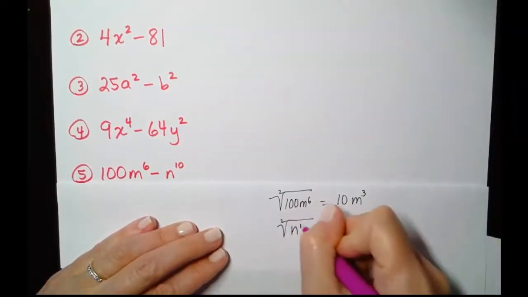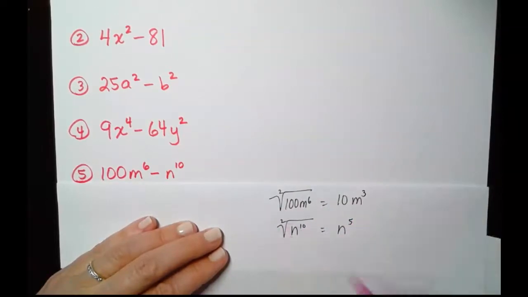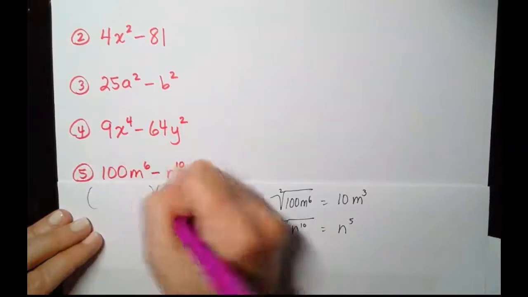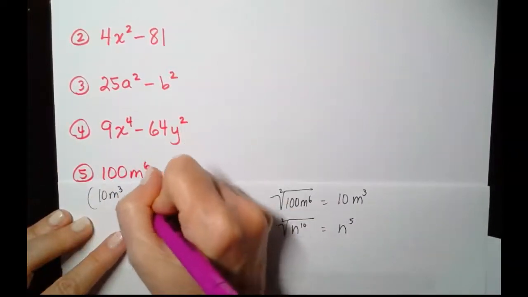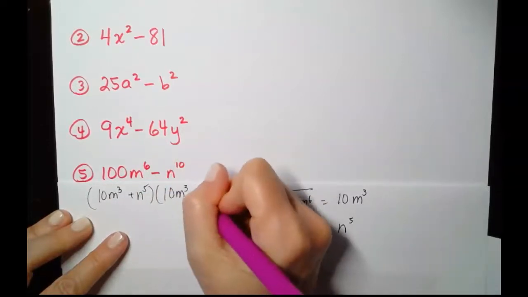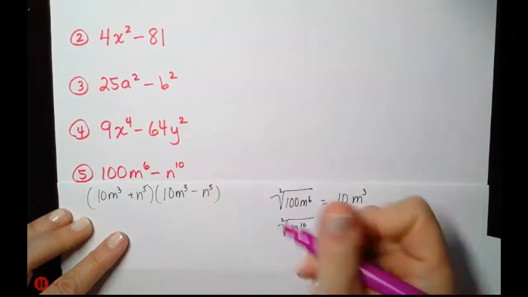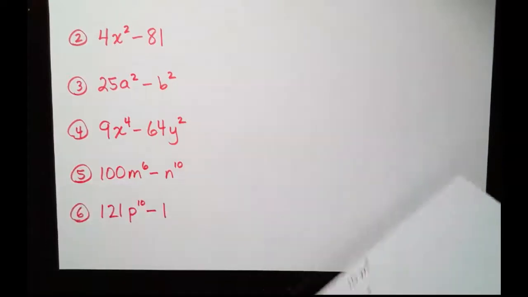The square root of n to the 10th is n to the 5th. 2 goes into 10 5 times. The factors, 10m cubed plus n to the 5th, 10m cubed minus n to the 5th. Conjugate factors made out of the square roots of both of the terms.